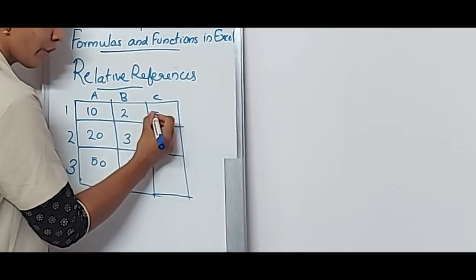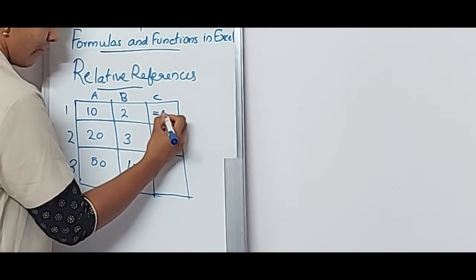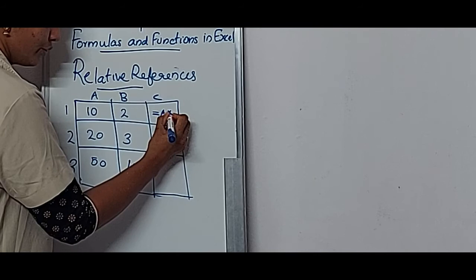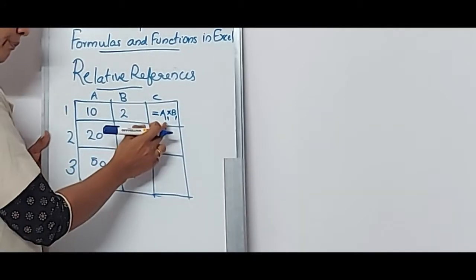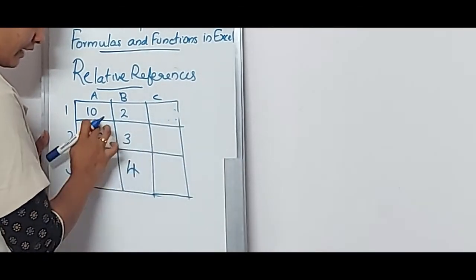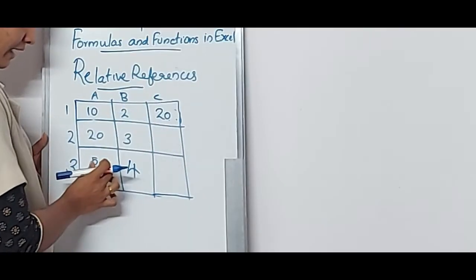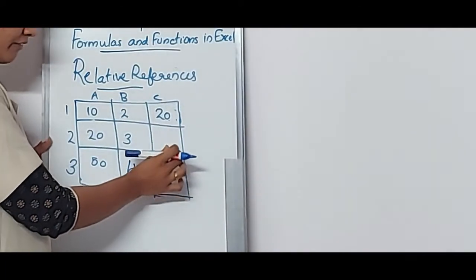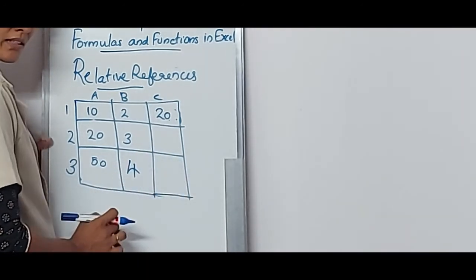I am going to give a formula here, equal to A1 into B1. Then press Enter. The result will be 10 into 2, 20. We need these values in these two cells.